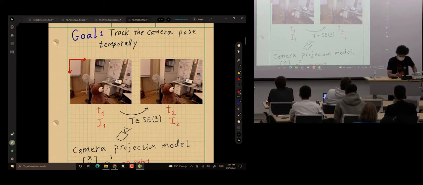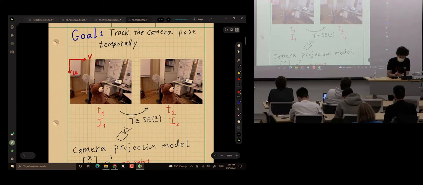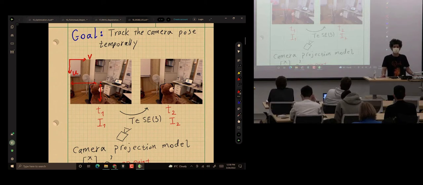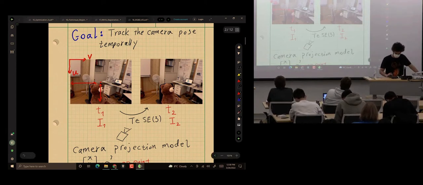Typically, this is U, and this is V. If this is the center of the image, then we will need these C values to reference it with respect to the origin that we chose to be the corner of the image, not the center of the image. So these Cx and Cy are for that.